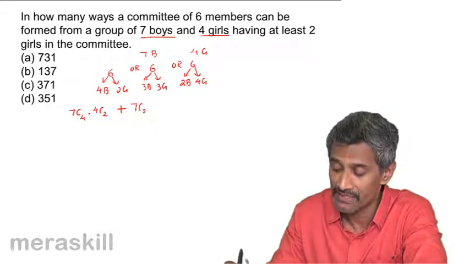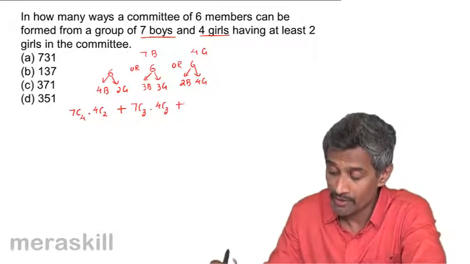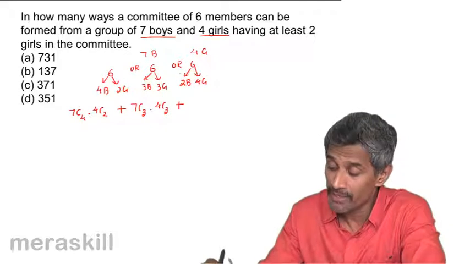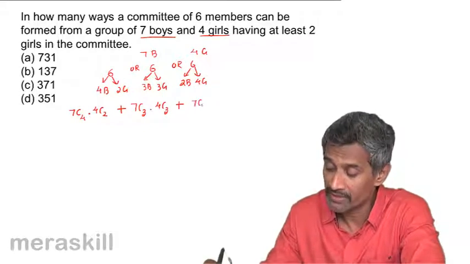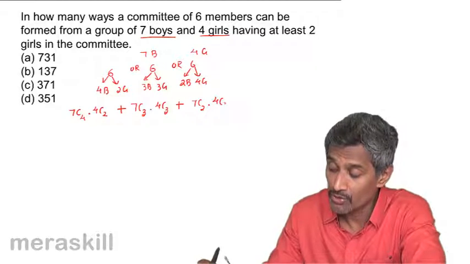So it's 7C3. And 3 girls are chosen out of 4. That is 4C3. Plus, 2 boys are chosen out of 7, so it's 7C2 into 4 are chosen out of 4.